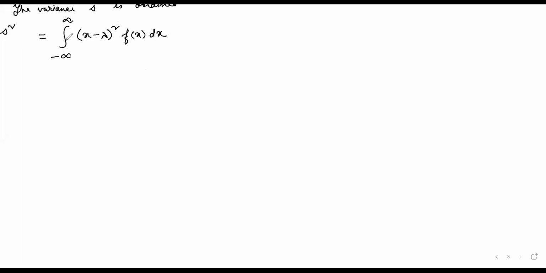If I substitute the expression for f of x, which is 1 by root 2 pi sigma multiplied by e to the power minus (x minus lambda) whole square divided by 2 sigma square, I am integrating this with respect to x.